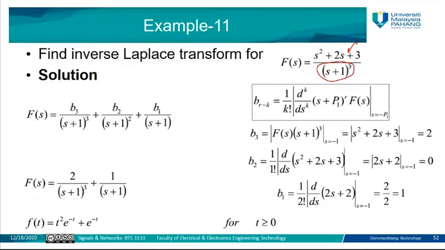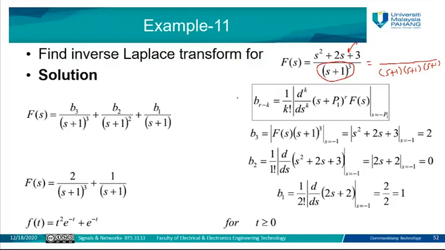Since you have (s plus 1) to the power of 3, you are in case 2. You have multiple repeated poles, s equal to negative 1, repeated 3 times. This can be written as (s plus 1) times (s plus 1) times (s plus 1), so you have 3 repeated poles.